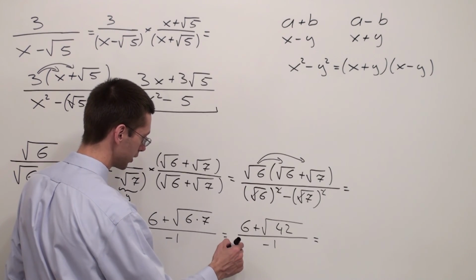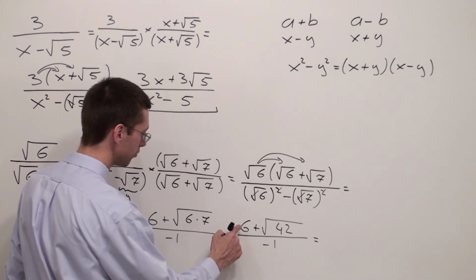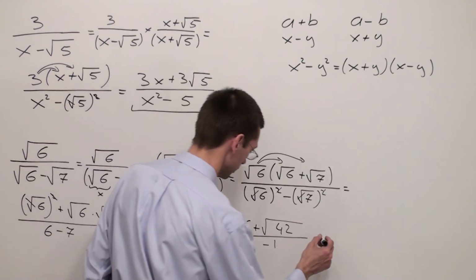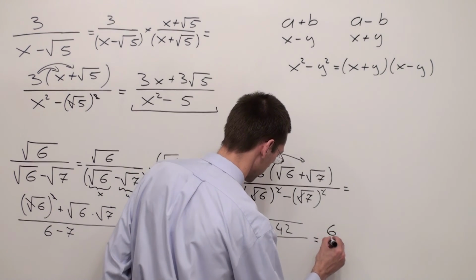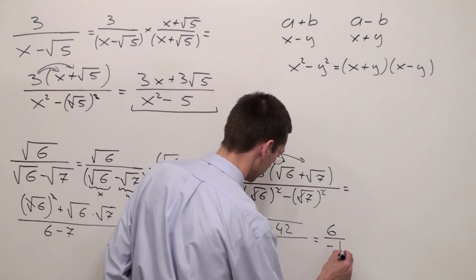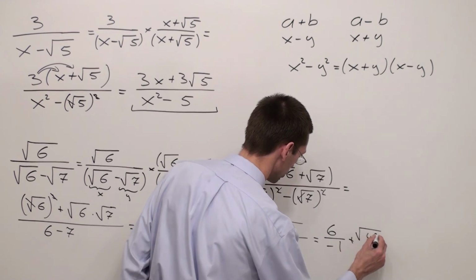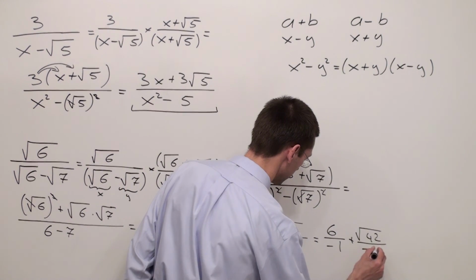So what I'm going to do right now is divide every single number from the numerator by negative 1. So I'm going to have 6 divided by negative 1 plus square root of 42 divided by negative 1.